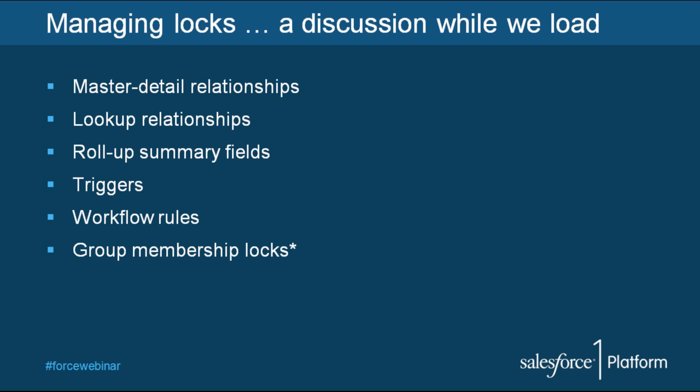Yeah, this is a really great question, because a lot of people ask how you know what to look for when you see these locks occurring. There are a number of different ways that locks manifest themselves, which you can see here: master-detail relationships, lookups like we saw in our examples, roll-up summary fields, and triggers and workflow rules. There are quite a few different ways, and ways that you can manage each of these, and even in combination.